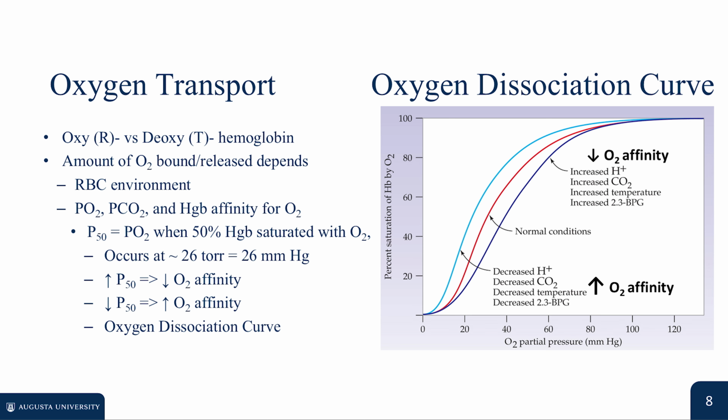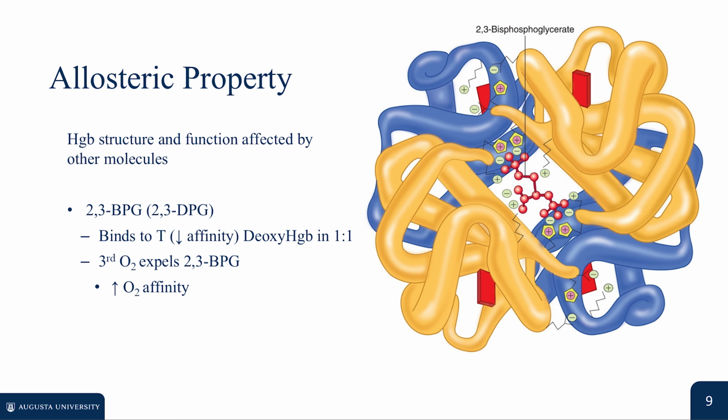Conversely, a left shift indicates a decreased P50 and higher oxygen affinity, meaning hemoglobin holds onto oxygen tightly. Left shifts occur in pulmonary capillaries where temperature and carbon dioxide levels drop, pH rises, or when high-affinity hemoglobins like hemoglobin F are present. Hemoglobin's ability to alter its oxygen affinity in response to chemical signals relies on its allosteric properties, most notably its interaction with 2,3-BPG, also known as 2,3-diphosphoglycerate or 2,3-DPG.